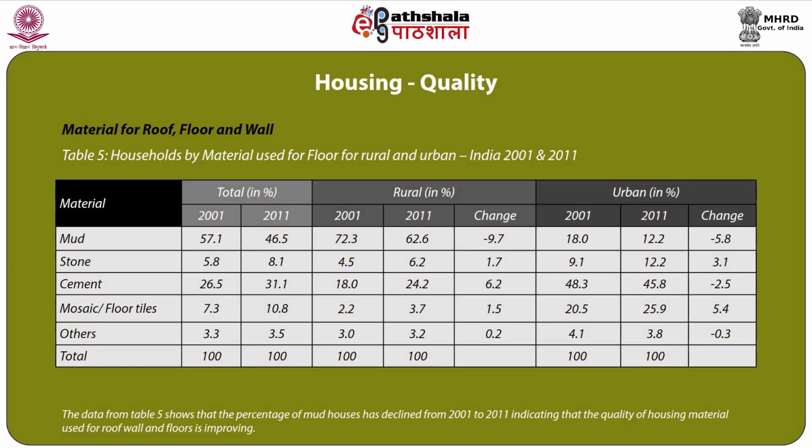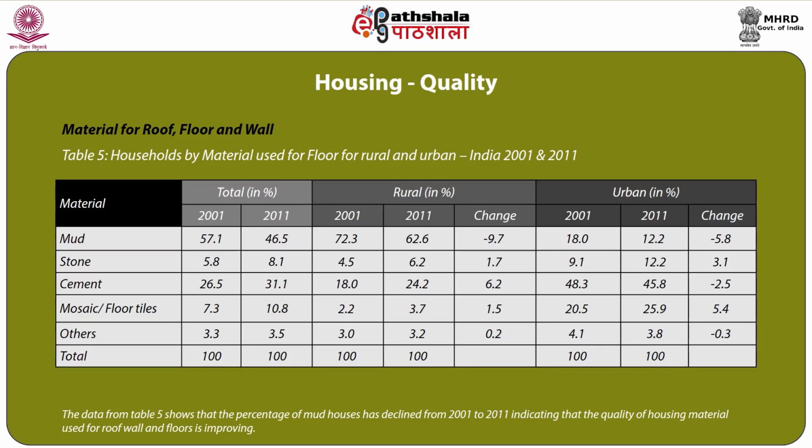The next table, table number 5, households by material used for floor for rural and urban households 2001 and 2011. The various materials categorized under this are mud, stone, cement, mosaic or floor tiles, and others. In totality, we can see that in case of 2001, mud households were 57.1%, while in 2011 there were 46.5% households who had mud as the flooring.